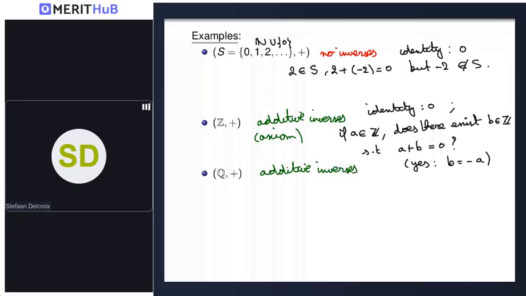So let's see if we can figure out what the inverses are. Now this might become very notational, but don't think of it as negative a, but the opposite of a. So let x be a rational number. Then I can write x as a over b, where a and b are integers, b is not 0. Can you tell me what the inverse of x is?